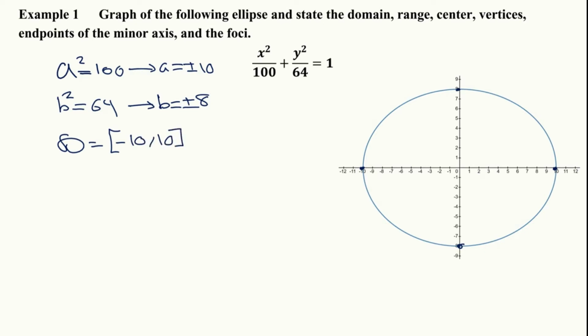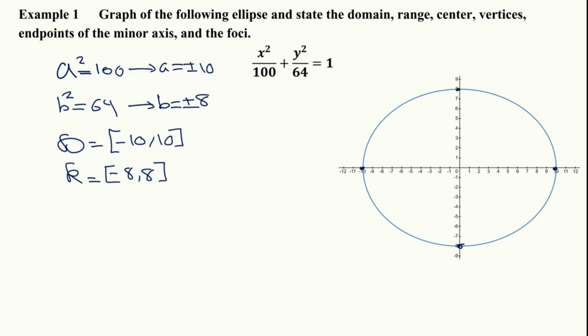Both negative 10 and 10 are acceptable inputs for this equation here. So therefore we use brackets, and the range, notice, the set of the y values associated with this graph runs from negative 8 to 8. Again, we use brackets because those two endpoints are fine as well.